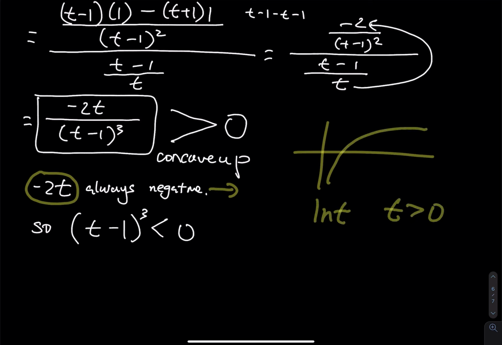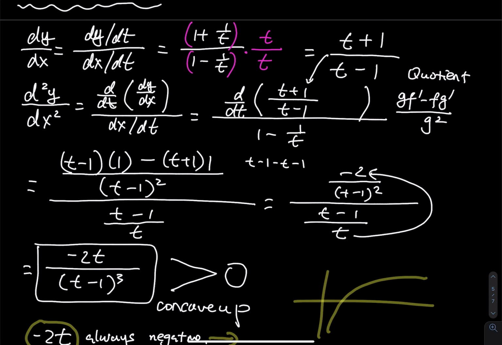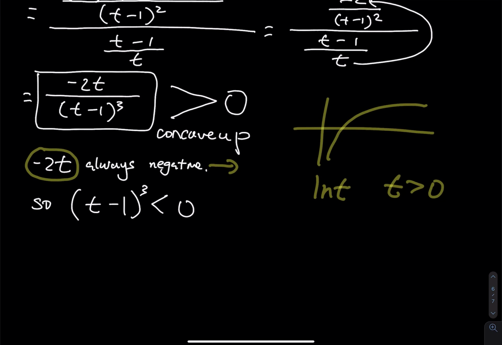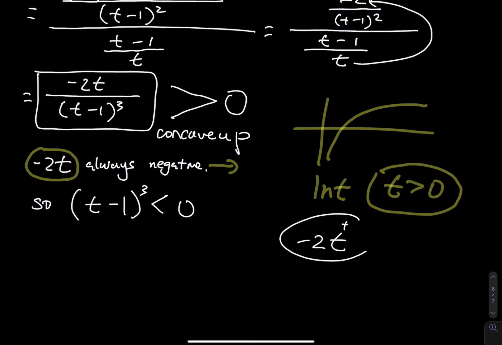T must be greater than 0 because you need to plug in t to the ln. So when there is an ln, t must be greater than 0. There is no way to avoid this. So when t is greater than 0, what about my negative 2t? You plug in a positive t in here, right? So that means the entire term is always negative. So we forget about this implication.